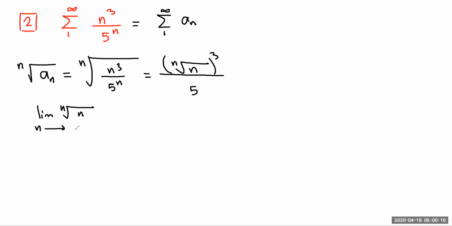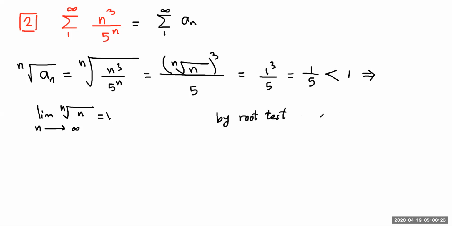When n goes to infinity, it's 1. So here it's 1 power 3 over 5, so it's 1 over 5. It's less than 1. So by root test, sigma n power 3 over 5 power n from 1 to infinity converges.